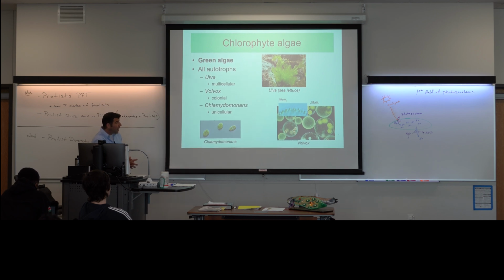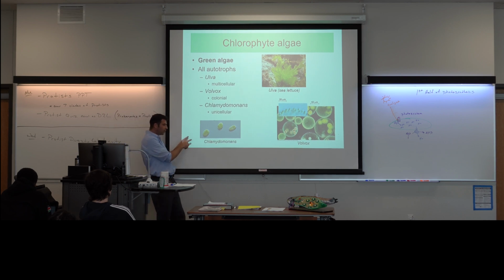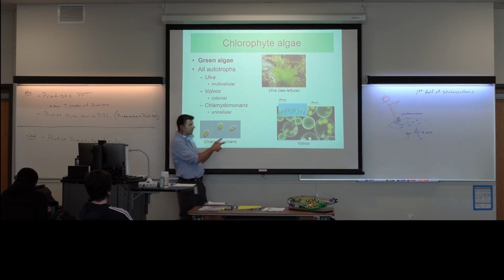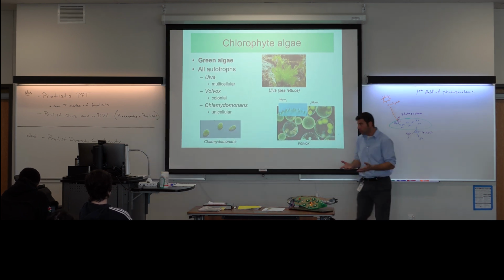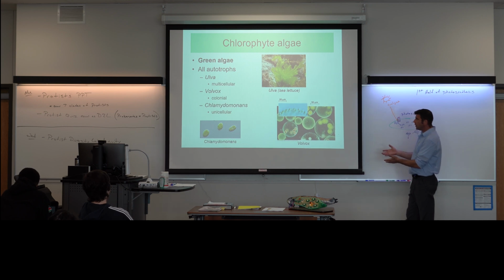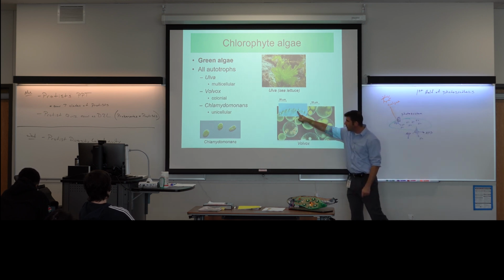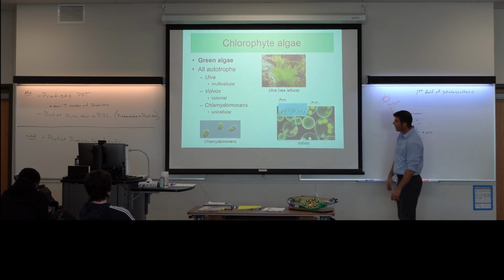The chlorophytes are the green algae, and again, all of these are aquatic. They have no adaptations to life on land. So let me make some distinctions between these, because we can see in terms of green algae, some of them are single-celled, the unicellular protist. We can see some that look like this that are colonial protists. There's clearly more than one cell, but if we look closely, each of those cells are identical. They're doing the same thing.